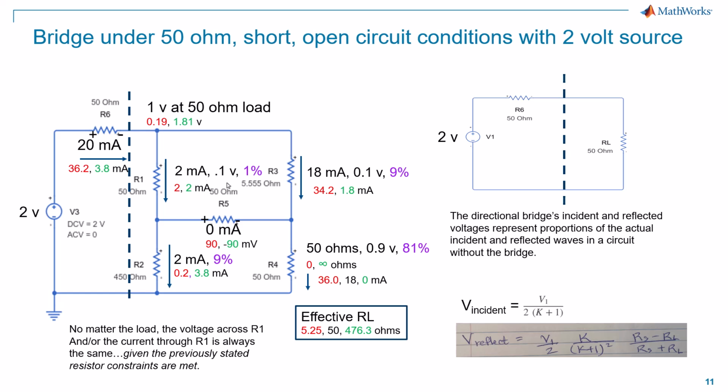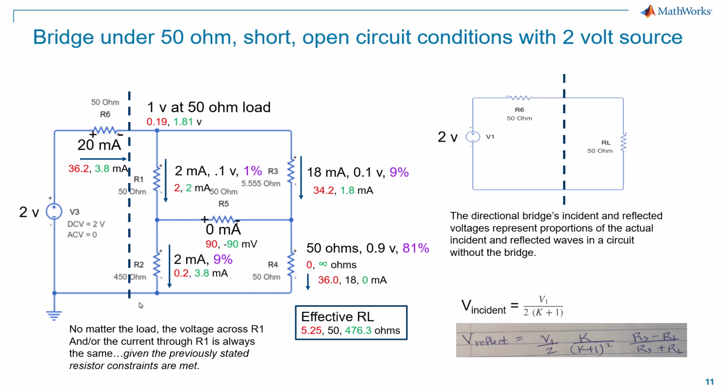And then in that case, we're going to have the same 2 milliamps go through R1. That never changes. We're going to have the other remaining 34.2 milliamps go through R3. And then in terms of how it combines below, we're going to have some current flow through R5, and some current, of course, flow through R2. So there are going to be some different currents. Ultimately, we're going to have 0.2 milliamps go through R2, and 36 milliamps go through R4.